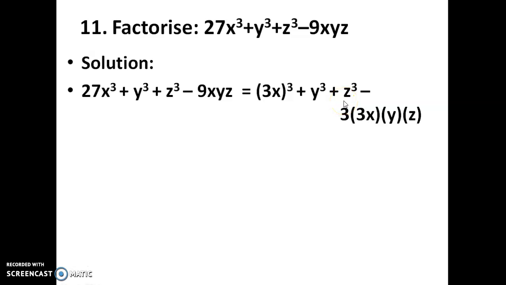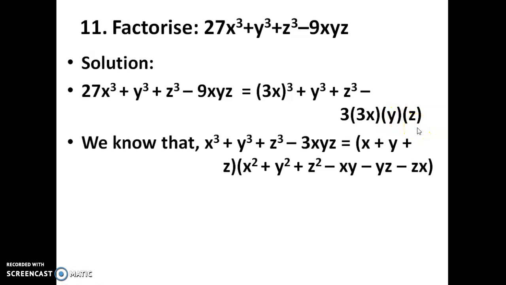Then here you are having 9xyz. This is of the form 3xyz, so in order to bring that, I'm going to write it as 3 into 3x into y into z. Now we got the identity.